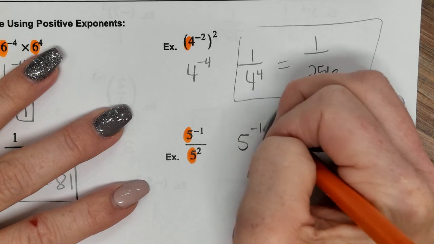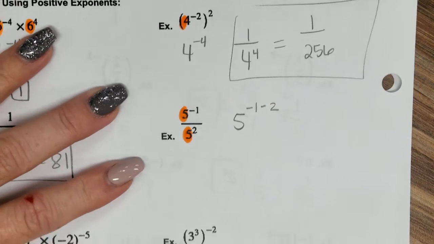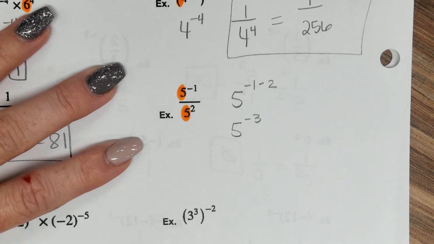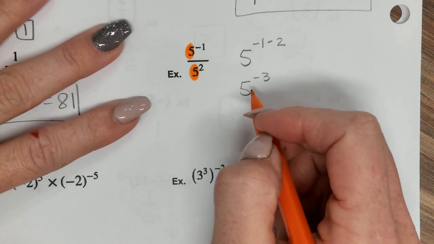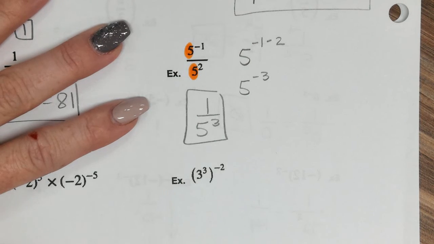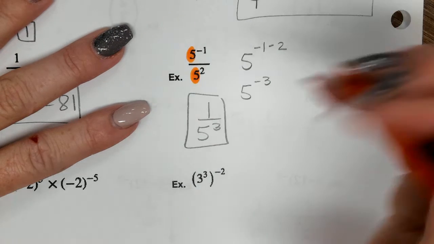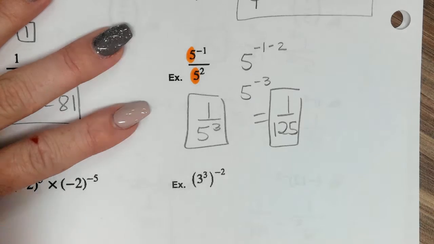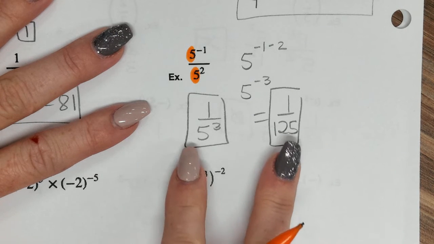Negative 1 minus 2. Which is what? Negative 1 minus 2 is the same thing as negative 1 plus negative 2. Is that a good answer? So I pull it to the bottom of a fraction. Could I also expand that? 5 times 5 times 5 is 125. So both of those answers are correct.